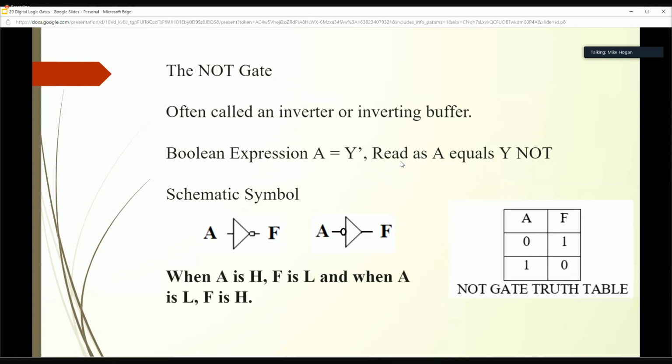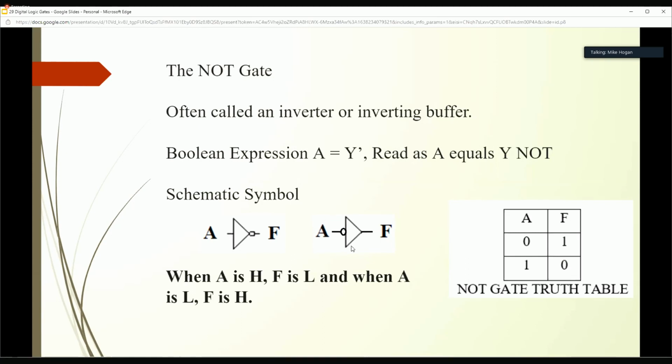Meaning that whatever A is, and remember, since we're talking about binary, digital, we're talking about only two states, either 0 or 1, low or high. Whatever A is, F is going to be the opposite, right? You can look at our truth table and see that if A is 0, F is 1. If A is 1, F is 0, right? And so A is equal to F naught, or Y naught, as we're saying it here.